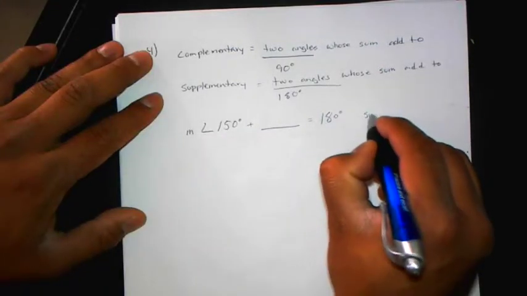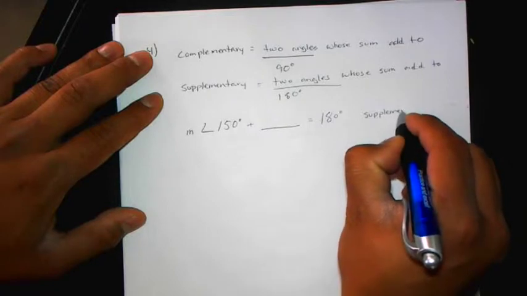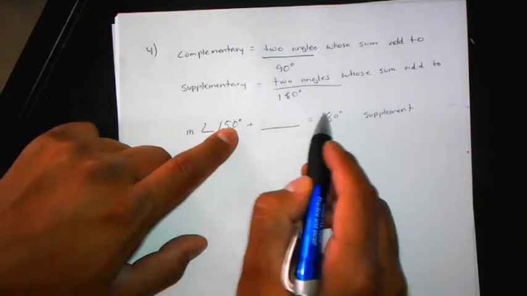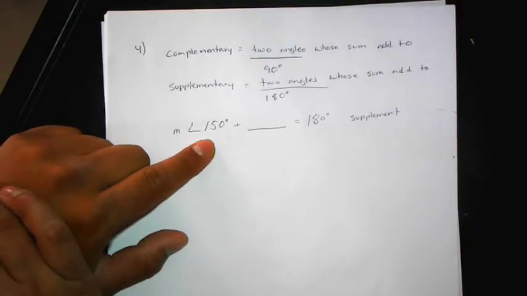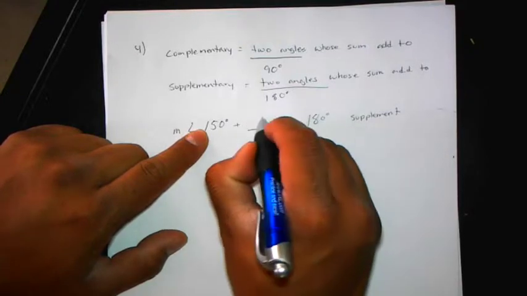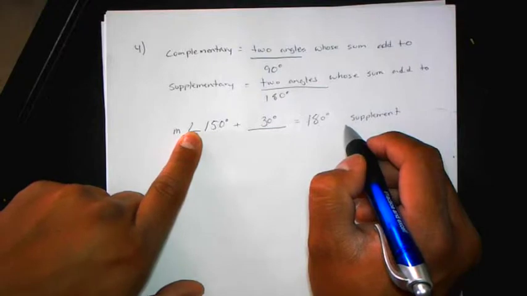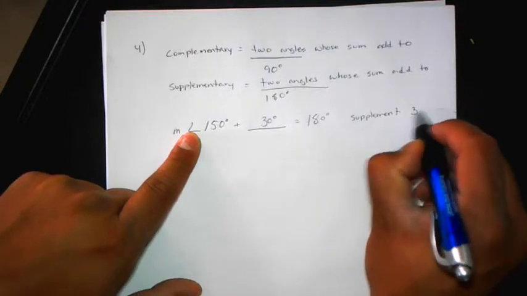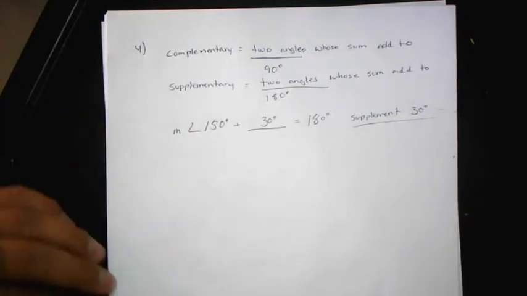So for the supplement, what number am I missing here that gives me 180? You have 150, so 30. So the supplement of angle 150 is 30 degrees. And that's how you get your supplement. Okay?